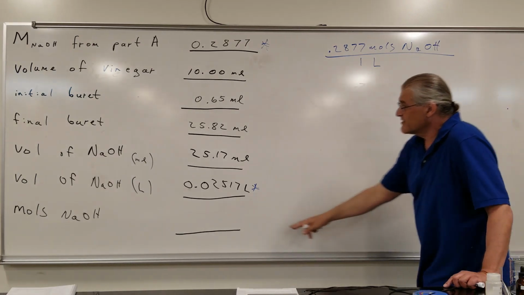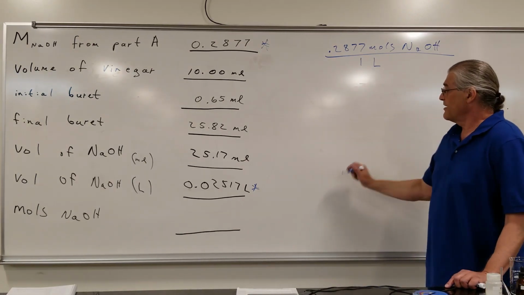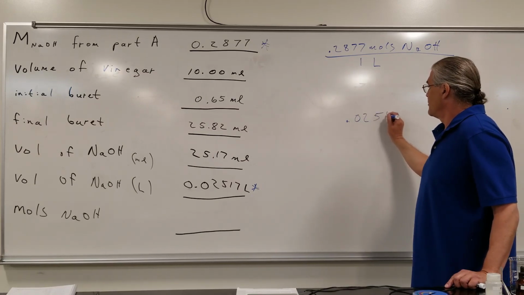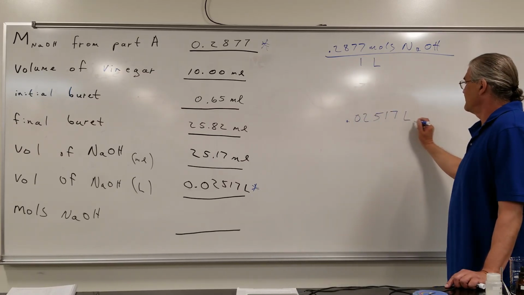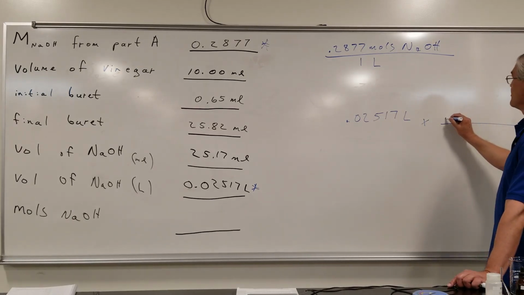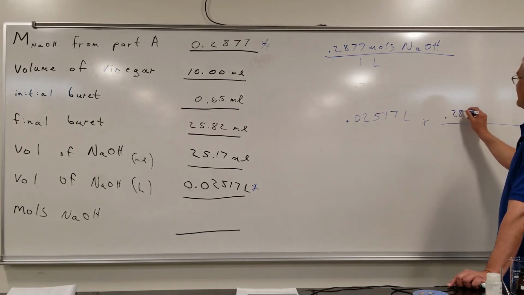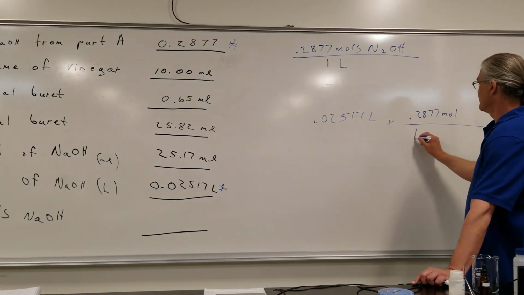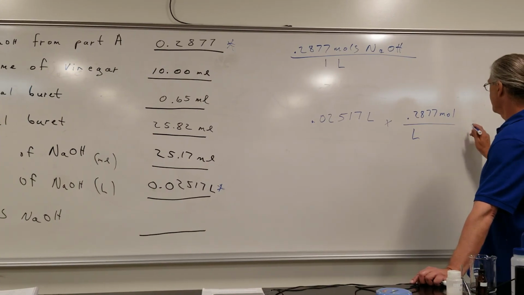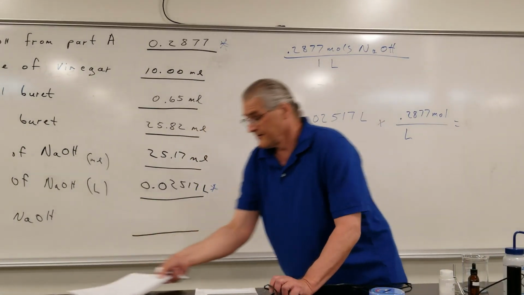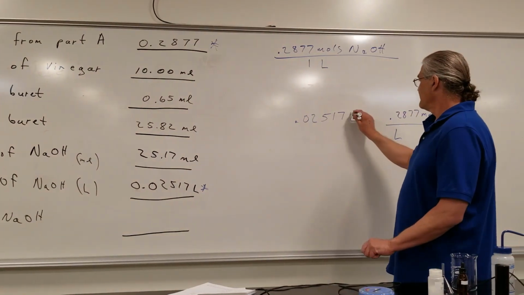So to get to moles here, we'll take our 0.02517 liters times our 0.2877 moles per liter. Doing the math there, you all see how liters cancel out.